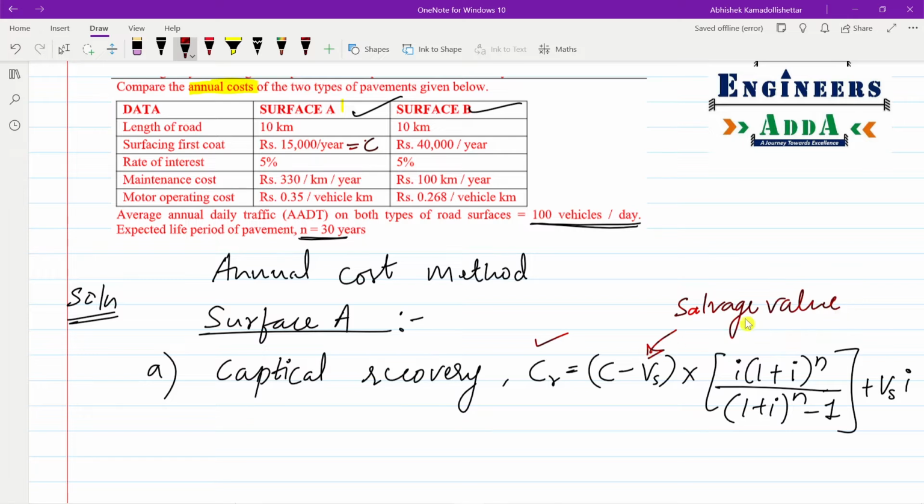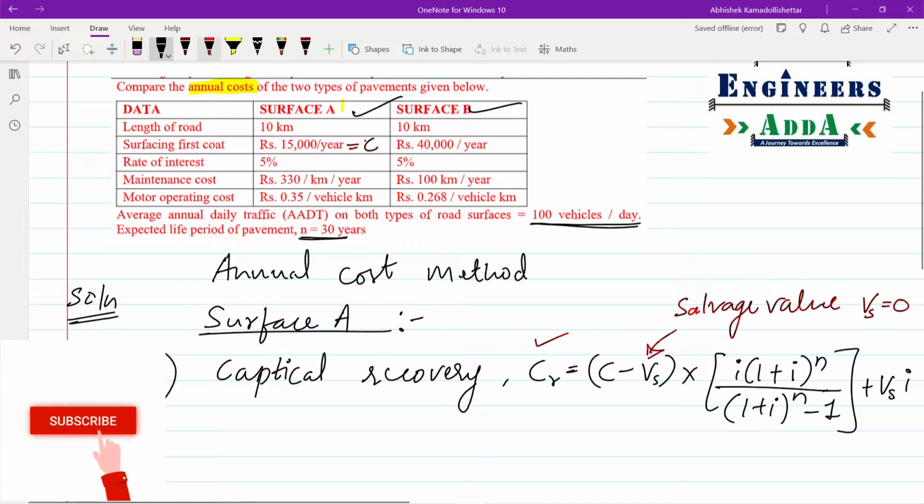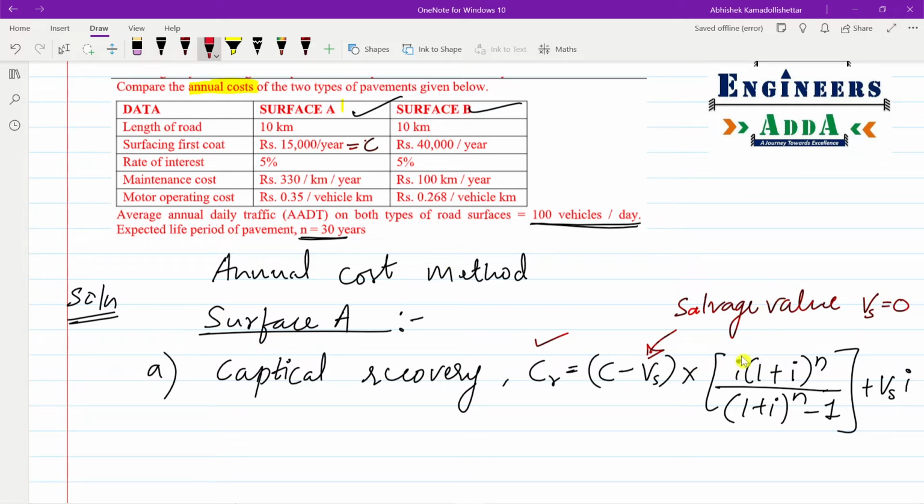If it is not given, suppose in the question he has not mentioned anything about salvage value, you have to take Vs is equal to 0. Next, I is the rate of interest. N is the expected life period, that is 30 years. That is the N value.